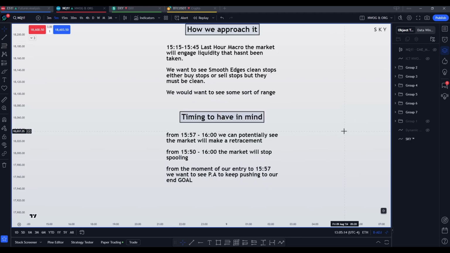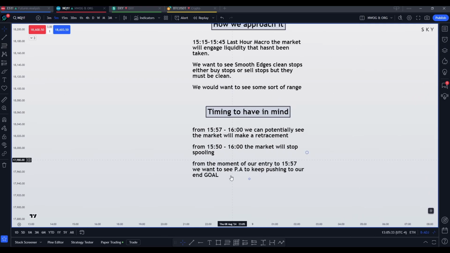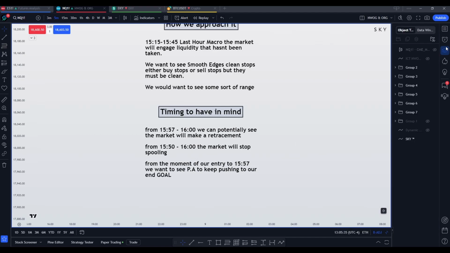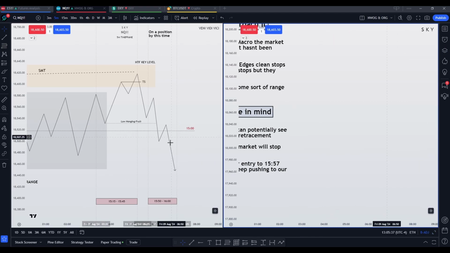From the moment of our entry to 15:57, we want to see price action keep pushing toward our end goal. At 15:57, as we already said, we will see a potential retracement. We want to be in a position earlier than these times. So let's jump to a scheme of the model.